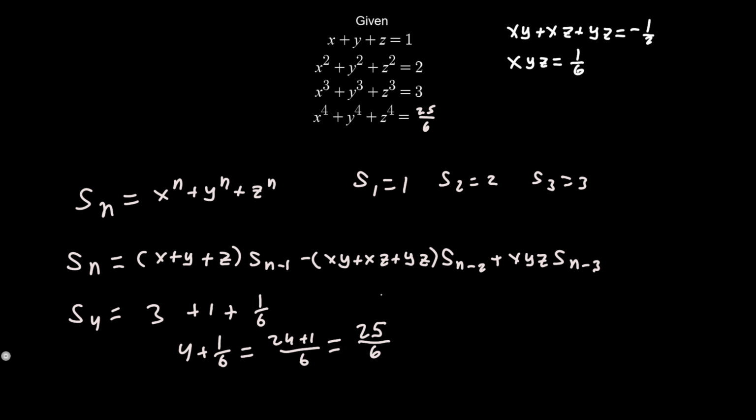So pretty much we found the sum using Newton's sums relatively quickly. And of course, we would still have to go through the process and trouble of finding xy plus xz plus yz and xyz.